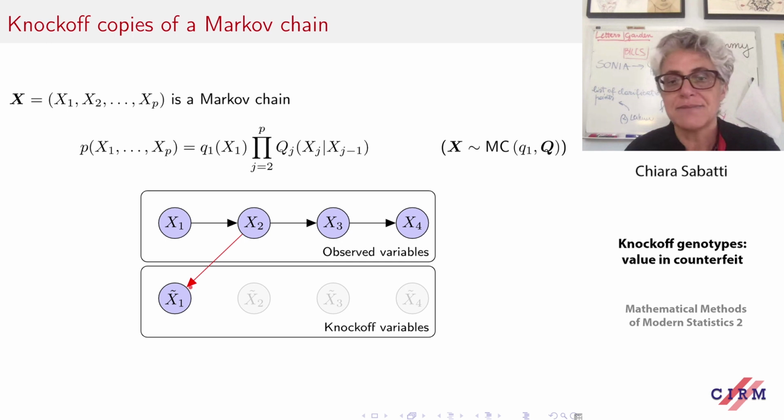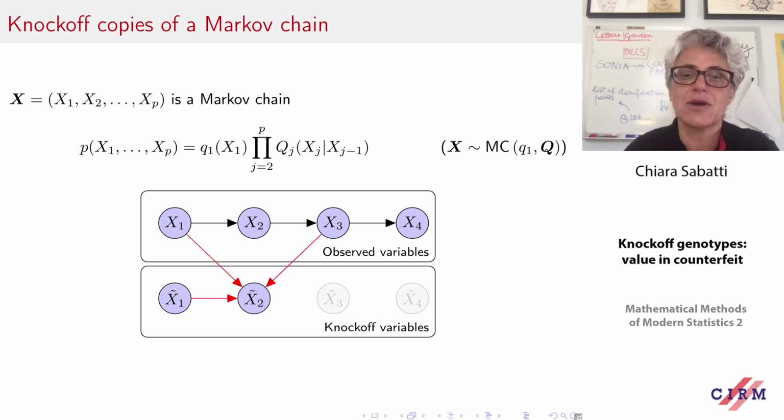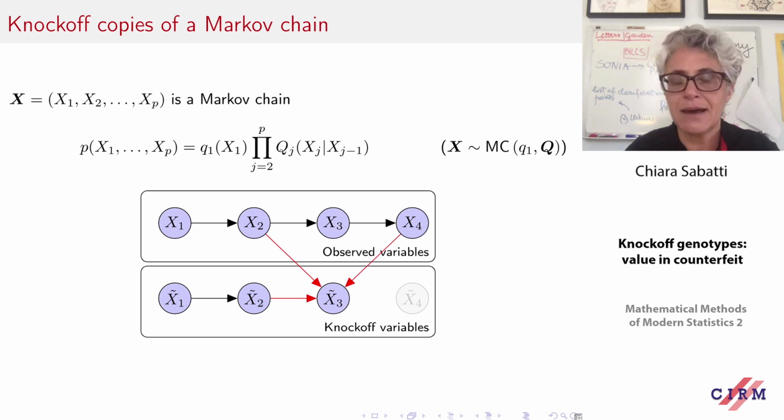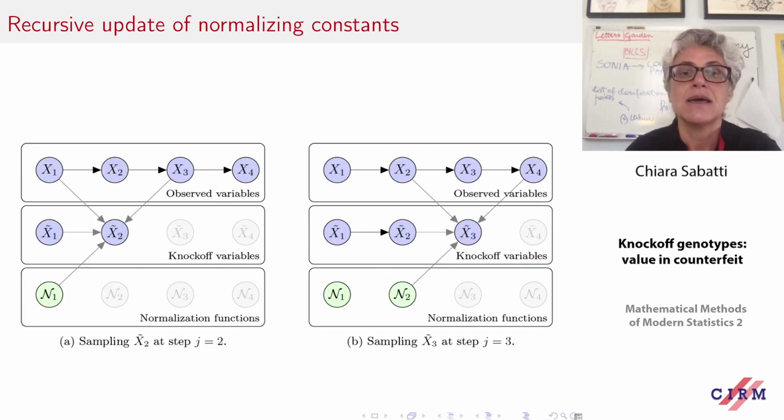Now, because the rest is a Markov chain, really only x2 is the only important variable that we need to condition on. So you can get a sense that this will simplify the computations a little bit. When we go and sample x2 tilde, again, we have to condition on x1 tilde and all the other variables except x2. But again, all the other variables are going to be only x1 and x3 because of the Markov property, and so on. So there is a reduction in the amount of conditioning that we have to do, and we can carry this through and sample our knockoffs.